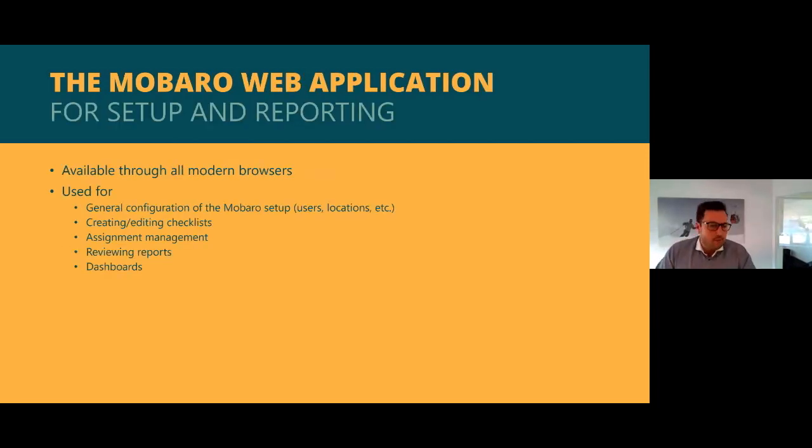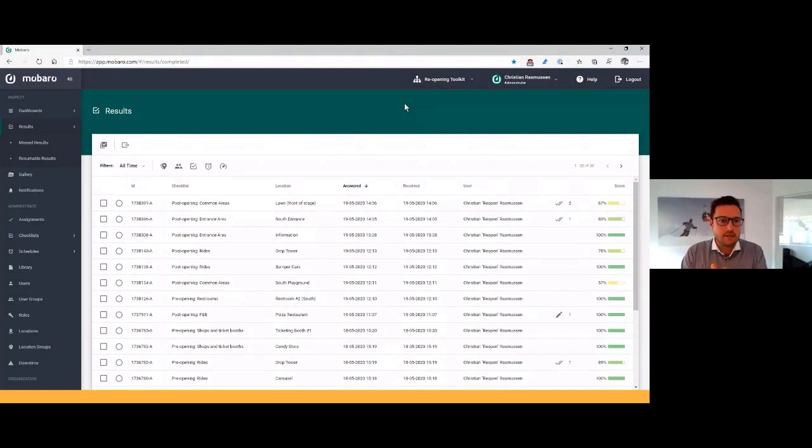Now, the Mobaro application is working in all modern browsers, and it is the go-to place for account administrators and supervisors for the most part. You do all of your general configuration of the Mobaro setup, meaning administering users, locations, etc. There might be a lot on the screen right now.